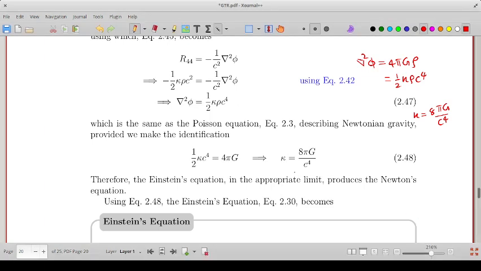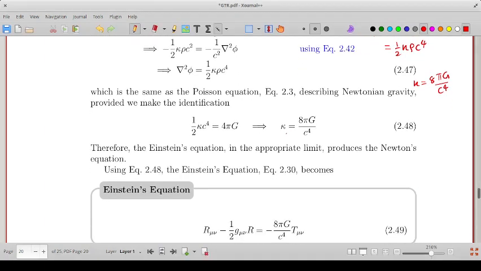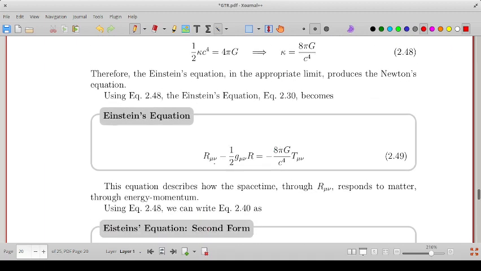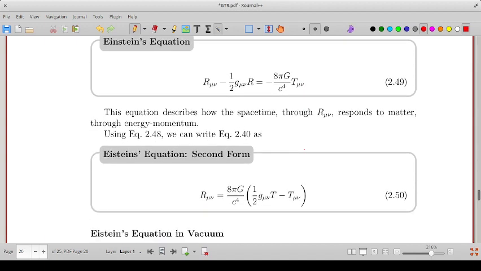Now substituting this value for k in Einstein's equation, we will have R mu nu minus half g mu nu times R equal to minus k T mu nu, but k is now 8 pi G by c to the power 4, and therefore this is the Einstein equation.